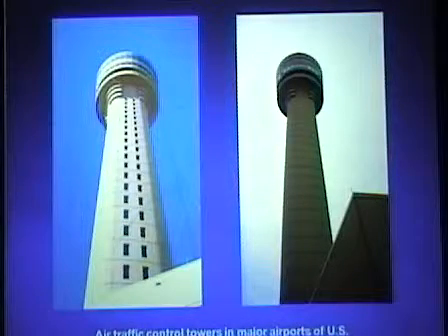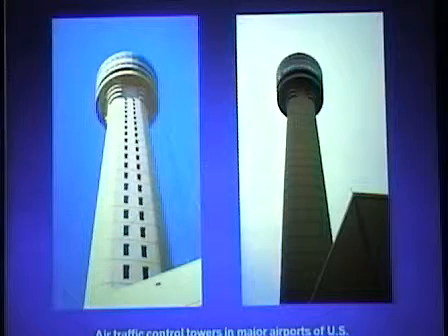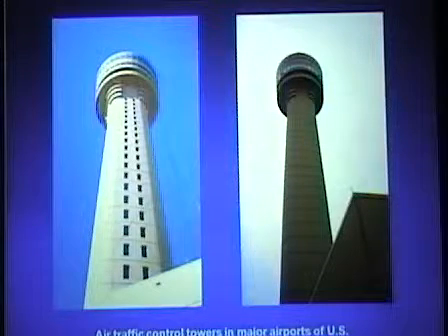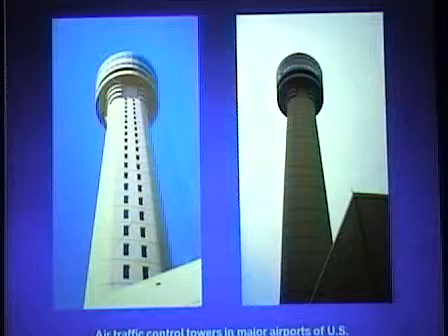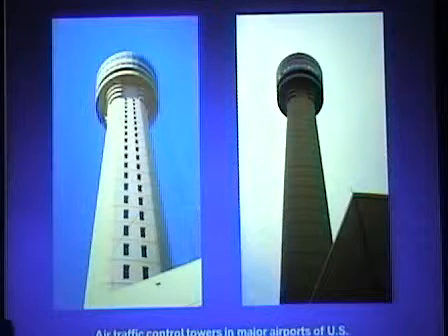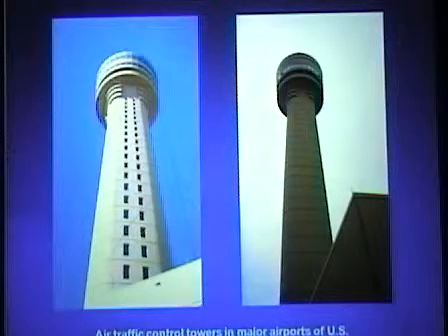And of course you have this tower on the background of a flat airport. It's like a needle sticking up. So this is a good invitation for upward lightning in case of thunderstorm.